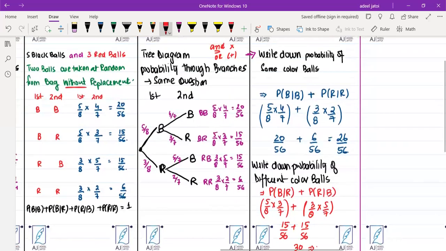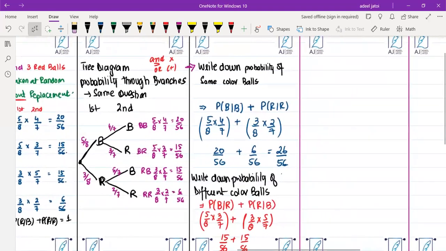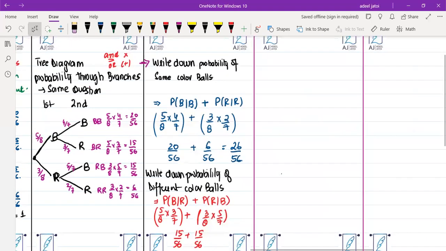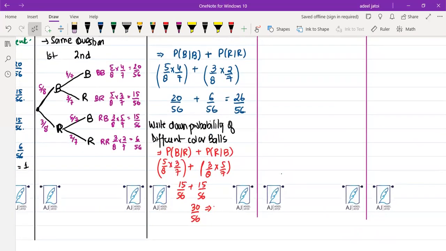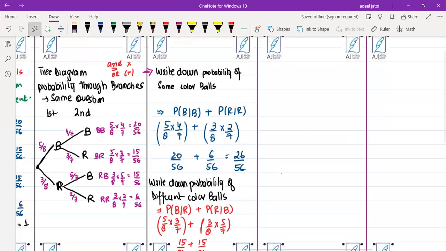So normally the probability questions that you will have is write down the probability of the same color, black-black or red-red, or write down the probability of different colors. Obviously, we will have black-red and red-black. There are other questions as well.